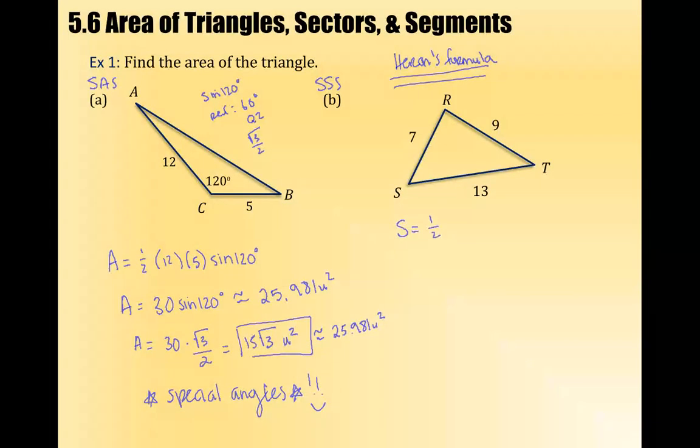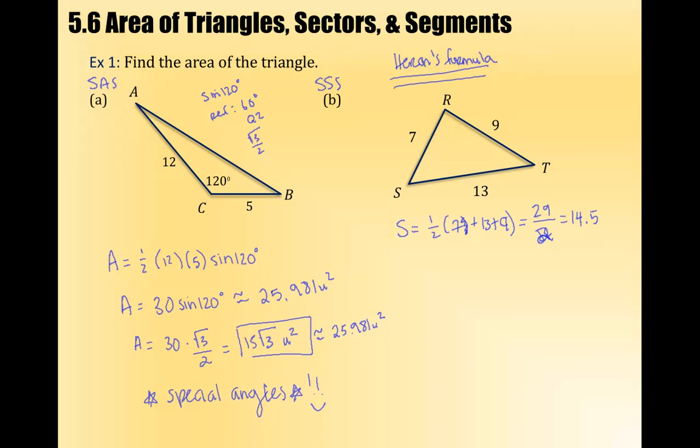So 1/2 of 7 plus 13 plus 9. 7 plus 13 plus 9 is, oh no, it's not 20, it's 29. Half of 29 is 14.5. So that's the semi-perimeter.